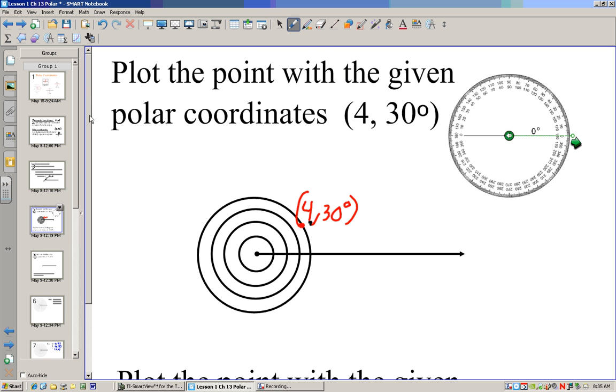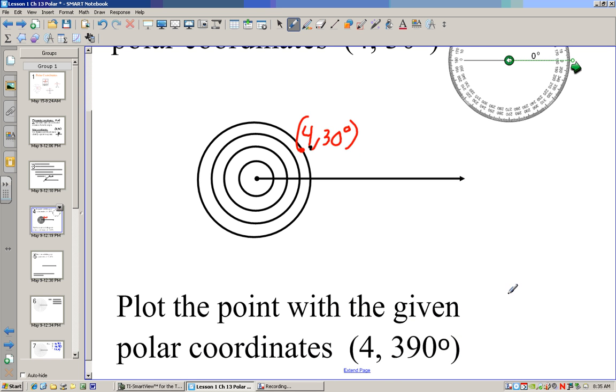Oh, there's one thing I forgot at the bottom. What if I wanted the point (4, 390°)? 390 is 30 plus 360, and that would get us right back to the same location. So we could write this as (4, 390°) also. They're in the same exact location.